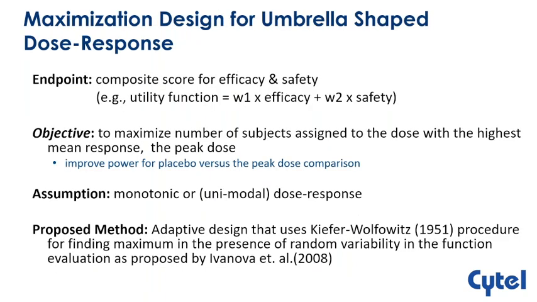And then another design is this maximizing design for such an umbrella response. An example of an umbrella type or unimodal response is a composite utility function combining safety and efficacy. For example, some weight times the efficacy response plus a weight times a safety response. And the objective is to maximize the number of subjects assigned to the dose with the highest mean utility.